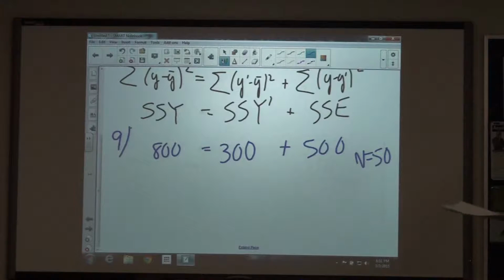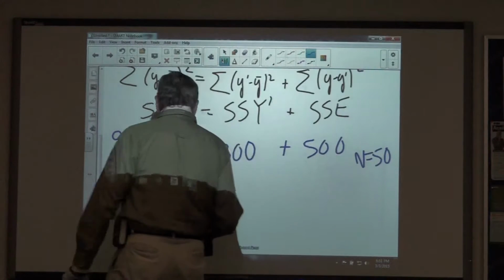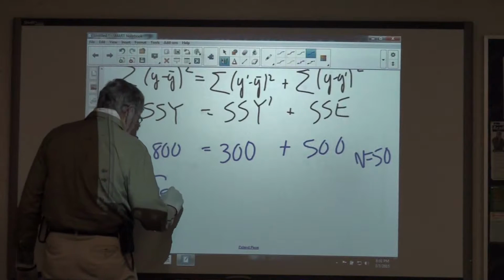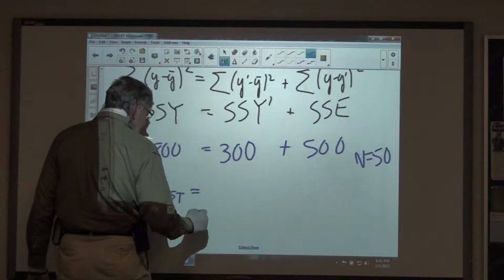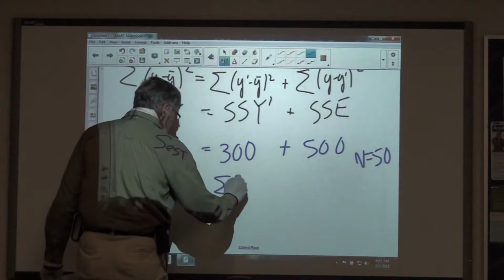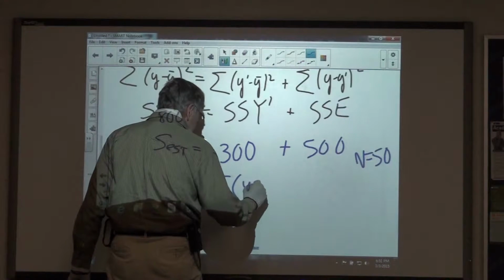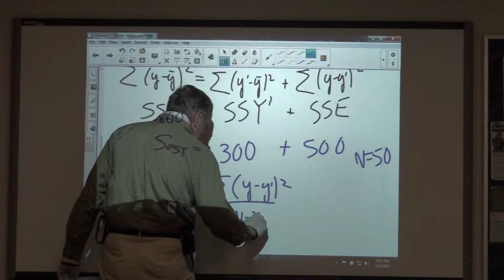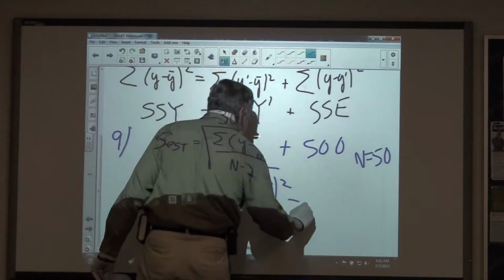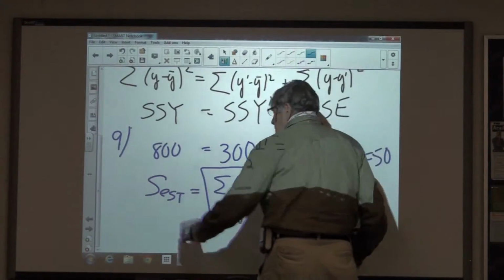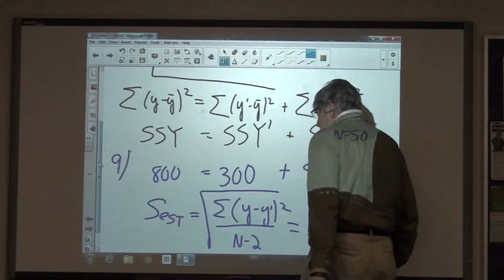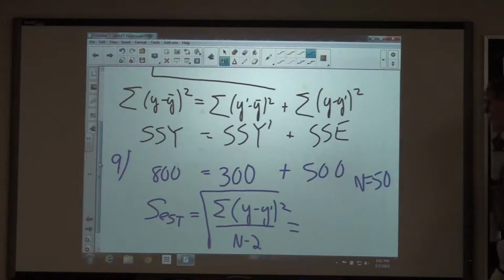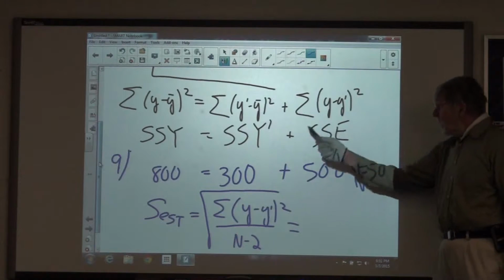Now they want to find the standard error of the estimate. The standard error of the estimate is defined as the square root of the sum of y minus y prime squared over n minus 2. Now, which one of these numbers are we going to use to find it?